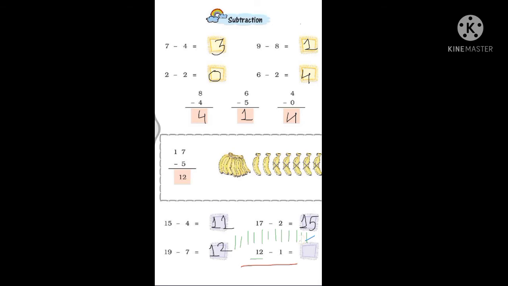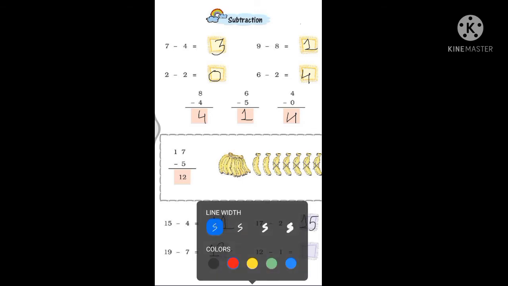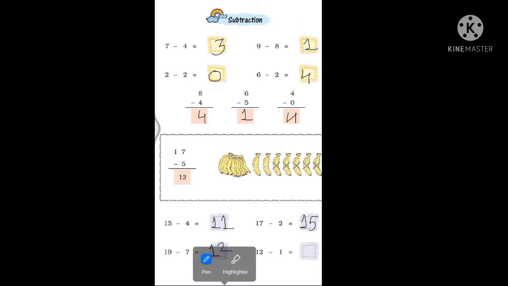Let's count. 1, 2, 3, 4, 5, 6, 7, 8, 9, 10, 11. What answer do we get, students? We get answer 11. So if we do 12 minus 1, what answer do we get? 11. So here in the box we have to write down the answer 11.